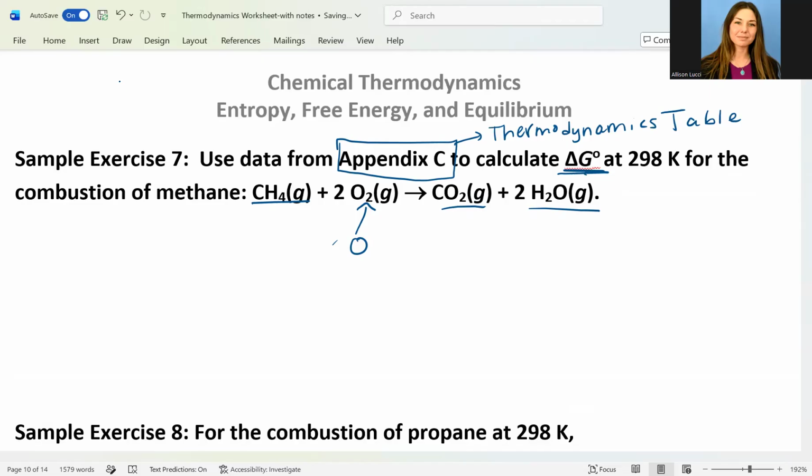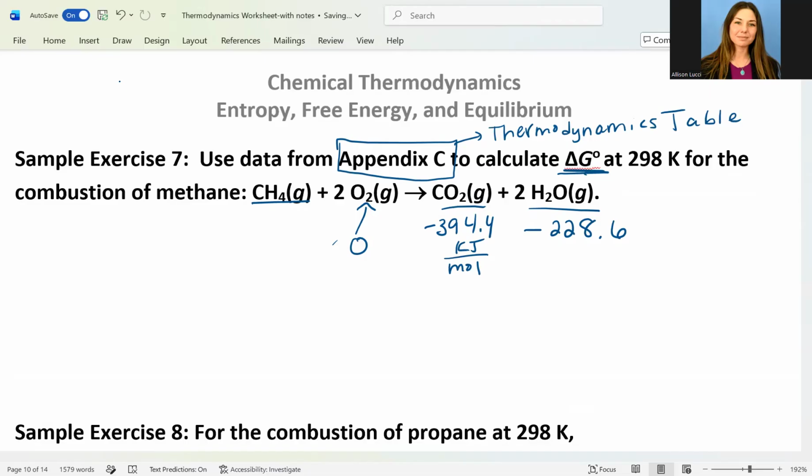So for CO2, that's negative 394.4. And these values are all going to be in kilojoules per mole, so I'll just write it once here for CO2 gas. And then we have water vapor, so that's negative 228.6, again kilojoules per mole.